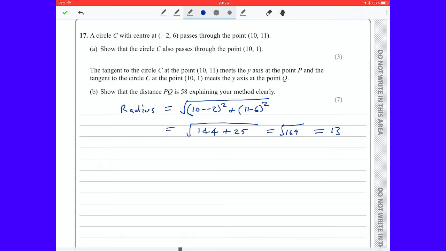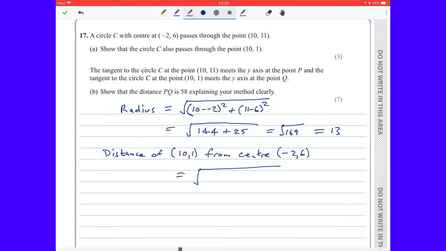So now we're going to show that the point 10, 1 is also 13 units from the centre. So distance of 10, 1 from centre -2, 6. And again, that's given by the square root of the difference in the x-coordinate squared plus the difference in the y-coordinate squared.